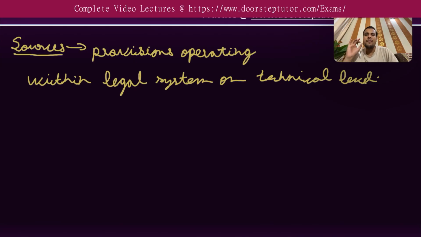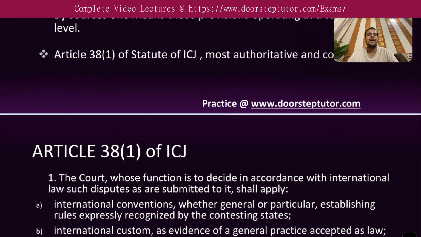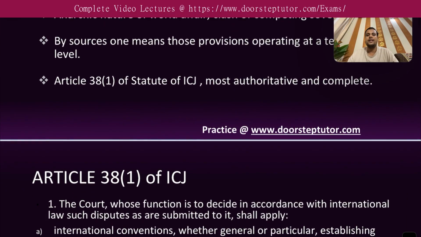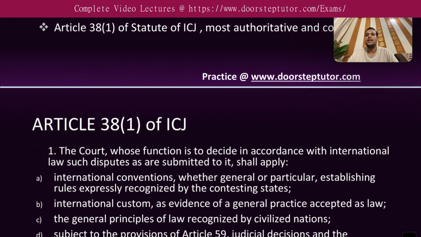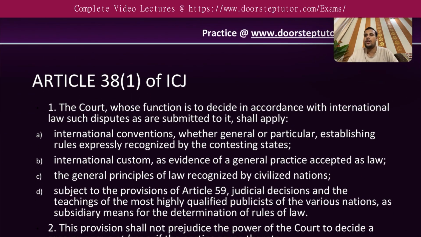Now, the most important source of international law is Article 38, subclause 1 of the Statute of the International Court of Justice. Okay, it is the most authoritative and complete description of the sources of international law.